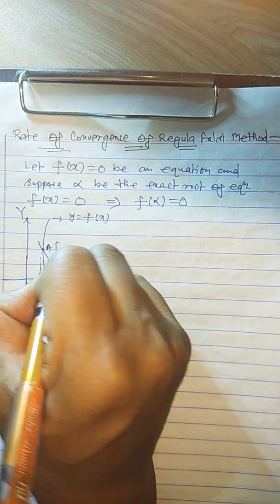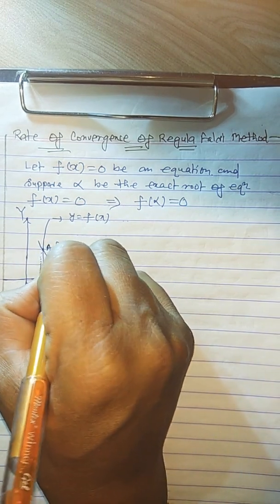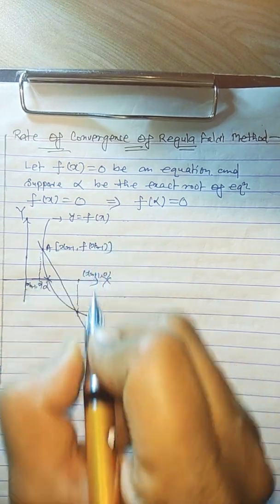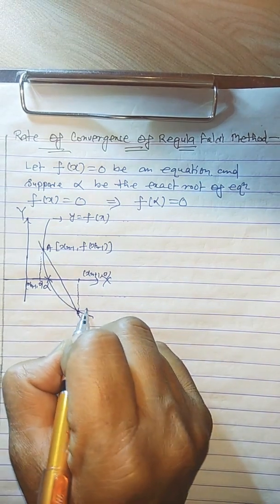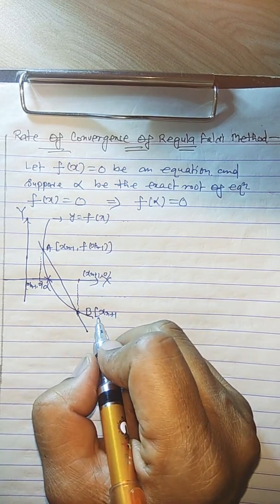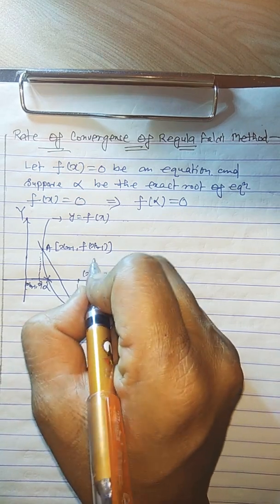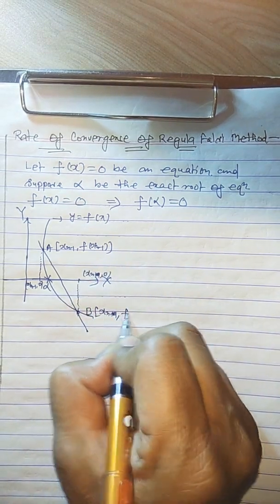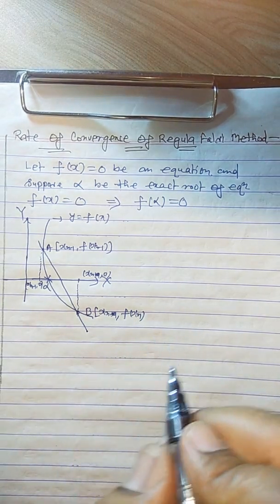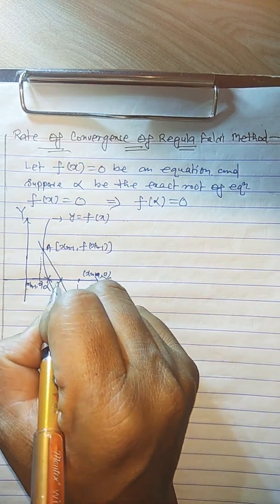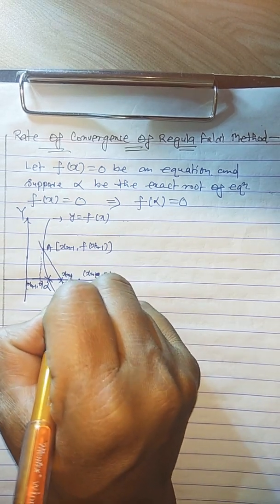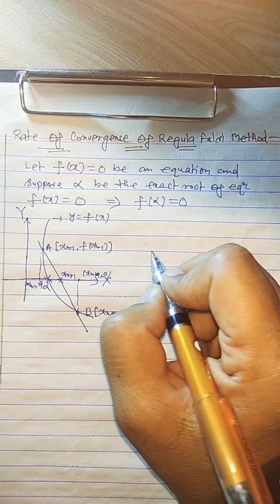Here the coordinate of A is x(n-1), f(x(n-1)), and suppose this is the point B, and the coordinate of this point is x(n+1). And suppose this is xn, f(xn), and this is the first approximated root x(n+1).